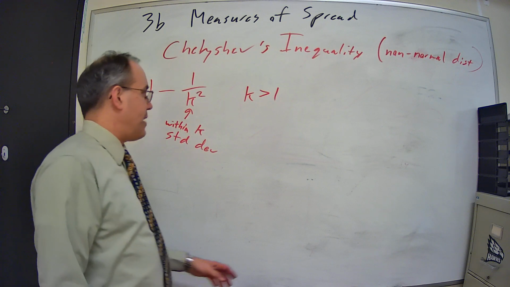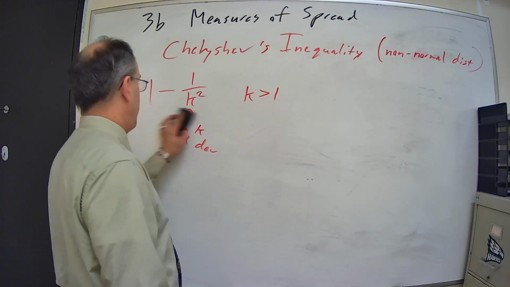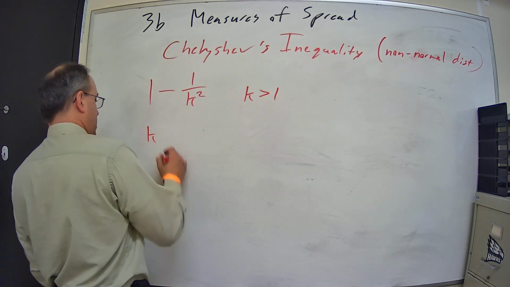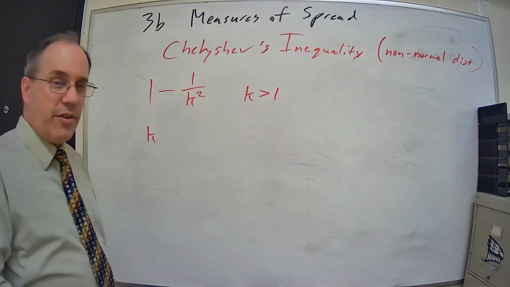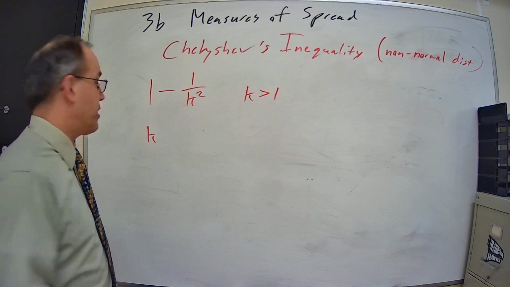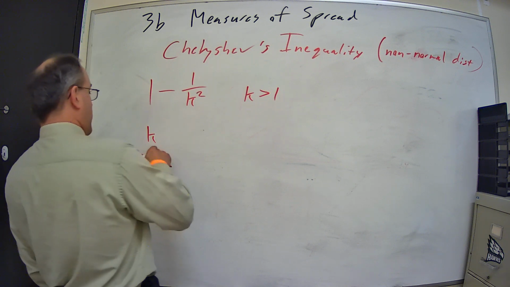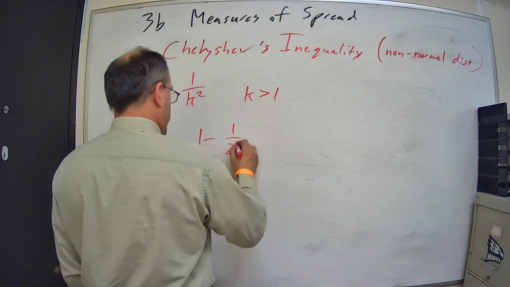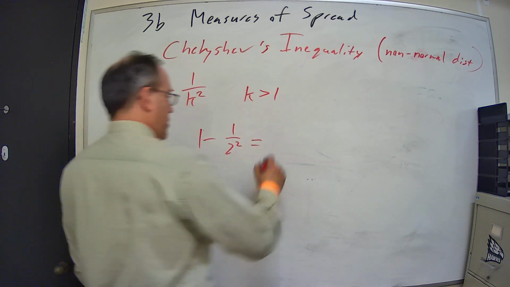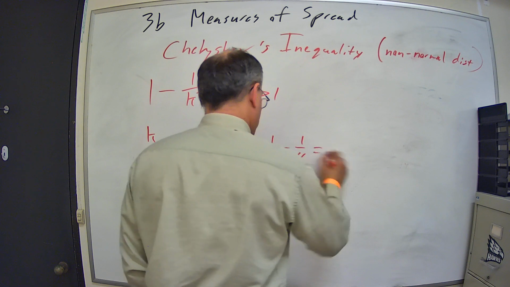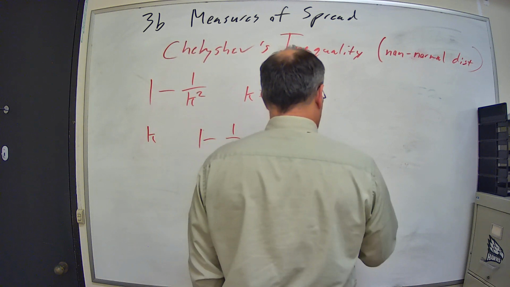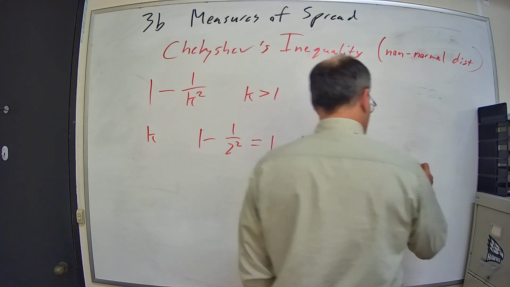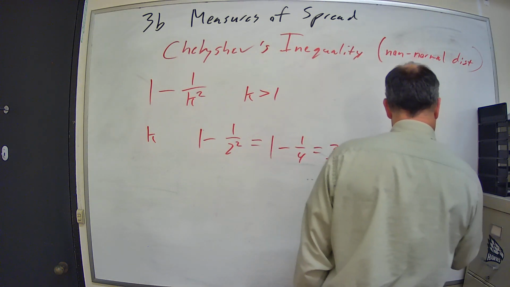So let's take a look at it and say, what if we set k equal to 2? What percentage of data values, at least what percentage of data values can be found in that? So k is equal to 2, then we take 1 minus 1 over 2 squared. 1 minus 1/4 gives you 3/4, or 0.75, which gives you 75%.